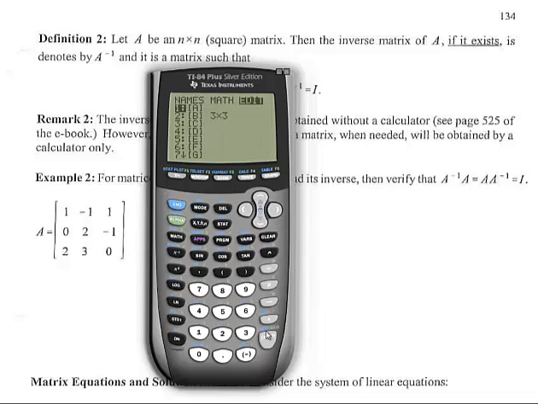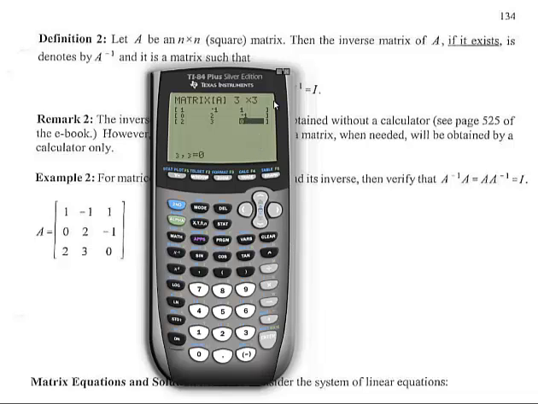We go to the matrix screen, and our matrix is called A, so I would just stick with that. The edit screen, we enter 3 by 3. And now we enter the elements 1, -1, 1, 0, 2, -1, 2, 3, and 0.